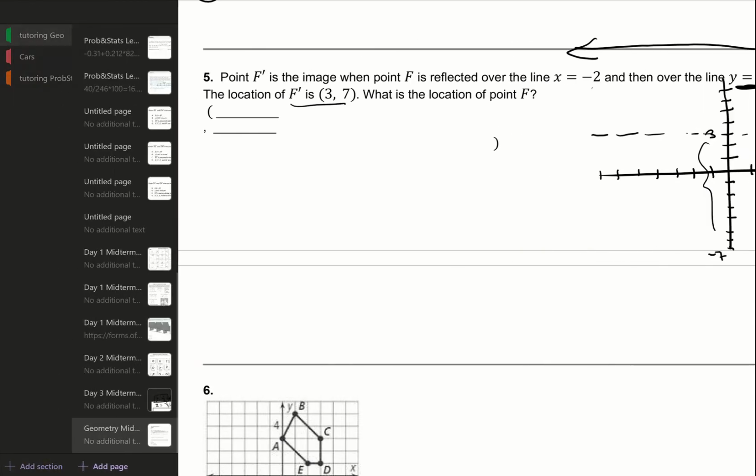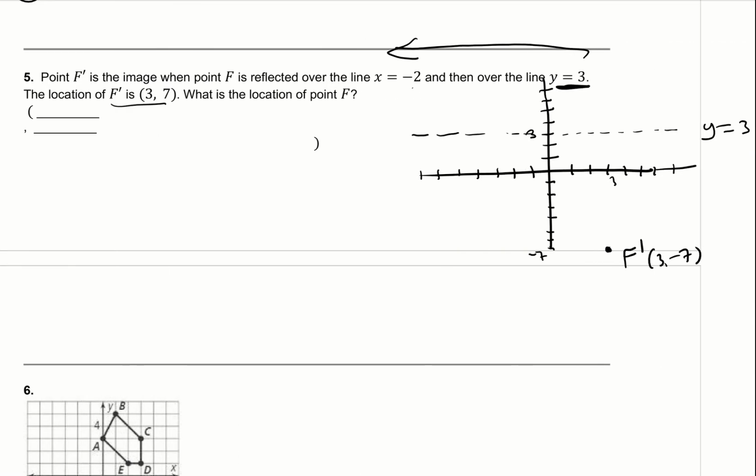So let's count this out: 1, 2, 3, 4, 5, 6, 7, 8, 9, 10. I'll extend my number line just to give myself some more room. And so this is going to be F before it got reflected across y equals 3.